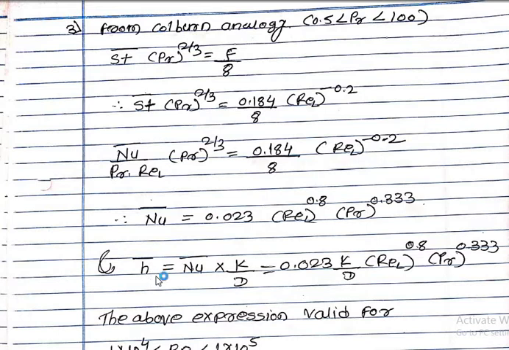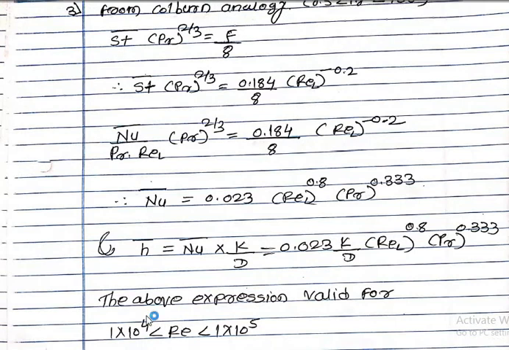So h bar, that is the average heat transfer coefficient, is equal to the average Nusselt number multiplied by thermal conductivity divided by the characteristic dimension. Here in case of a pipe, the characteristic dimension is equal to the diameter of the tube, that is the outer diameter of the tube, so h bar is equal to 0.023 k divided by D multiplied by average Reynolds number raised to 0.8 multiplied by Prandtl number raised to 0.333. So the above expression is valid.